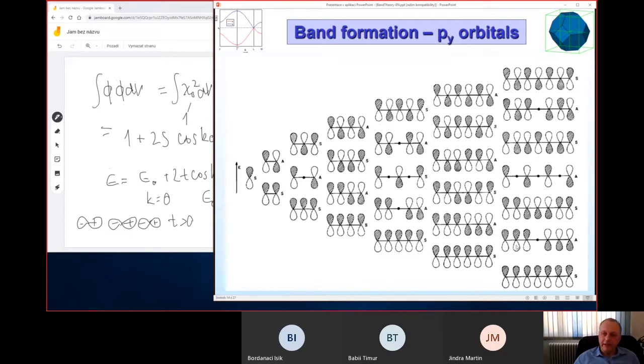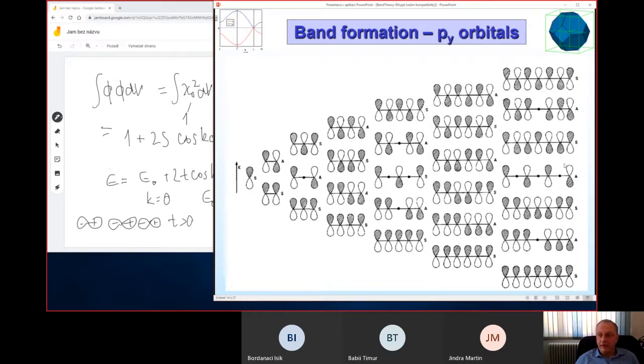But the point is that if you go from the point with the lowest energy to the point of the highest energy, the most anti-bonding, we gradually increase the number of anti-bonding interactions, and also the periodicity of the wave function increases up to the middle of the band, and then again decreases. So you see that in the middle of the band we have a periodicity of, let's say, 1, 2, 3 unit cell parameters.